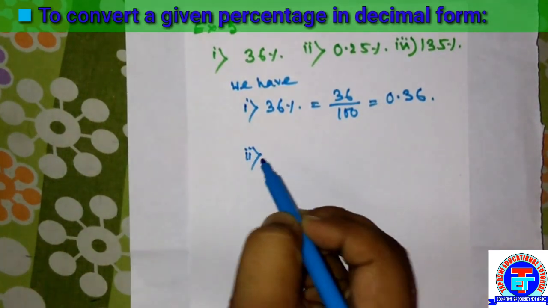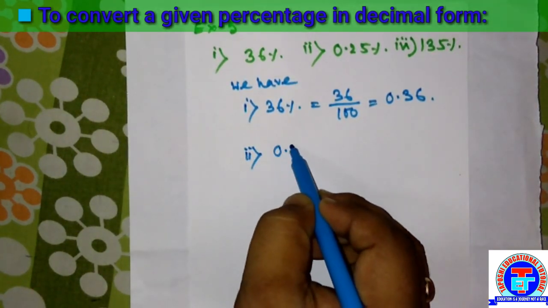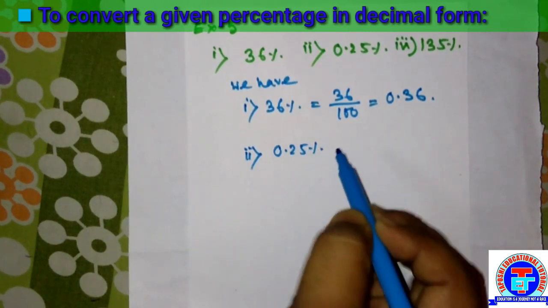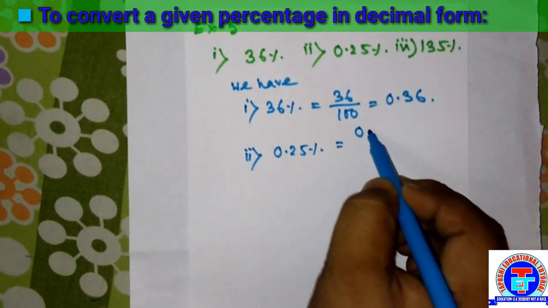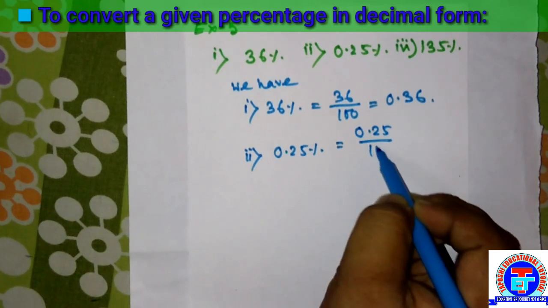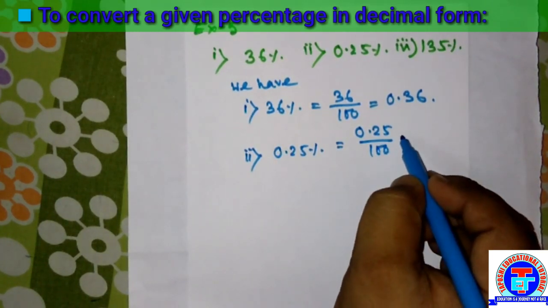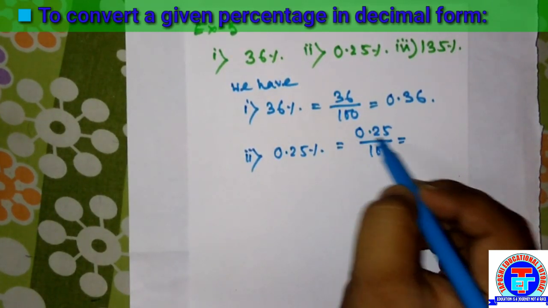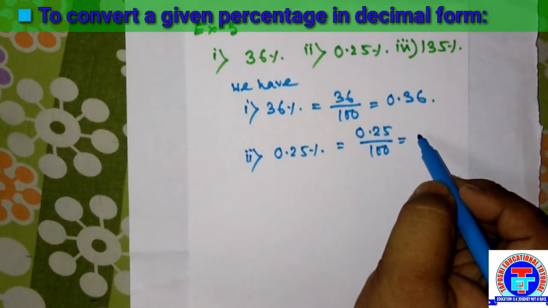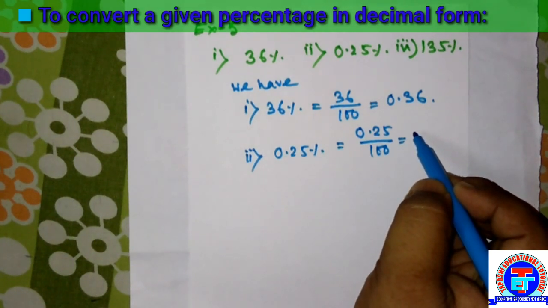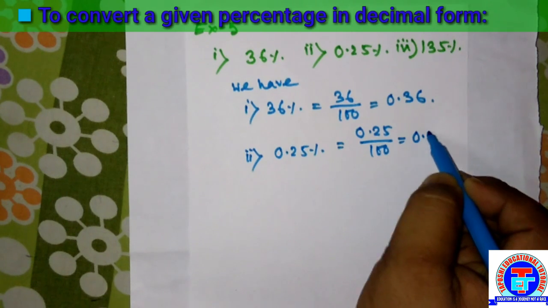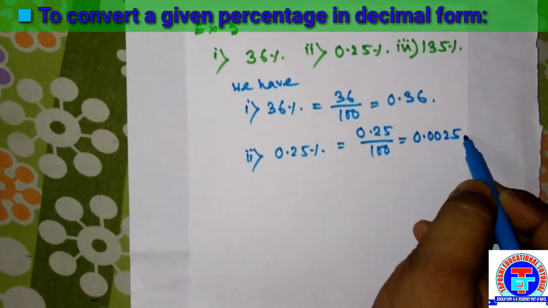Number 2, same way we have 0.25 percentage. That means we write 0.25/100. How many zeros? That means it will become 0.0025, right?